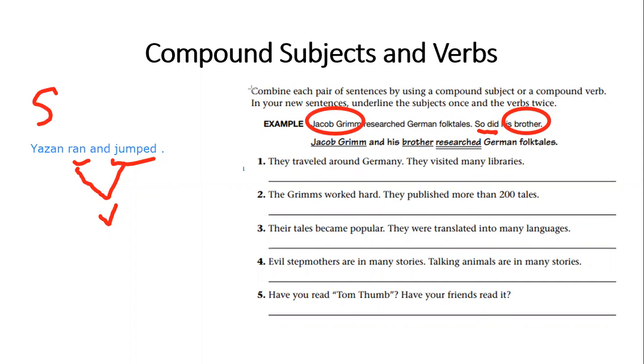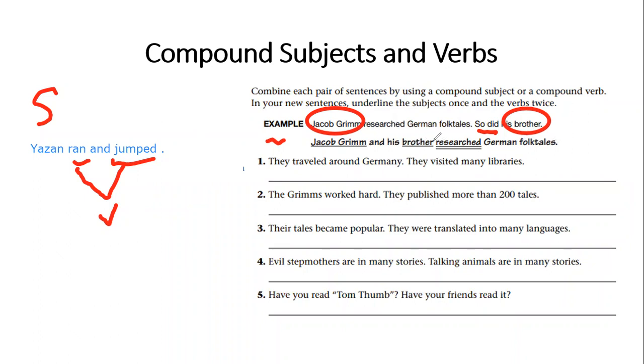So as you can see here in the answer, Jacob Grimm and his brother researched German folktales, and they ask you here to underline the subject once. The subject is going to be Jacob Grimm and his brother. So both of them, they are compound subject, right? And we're having one verb, which is researched German folktales.